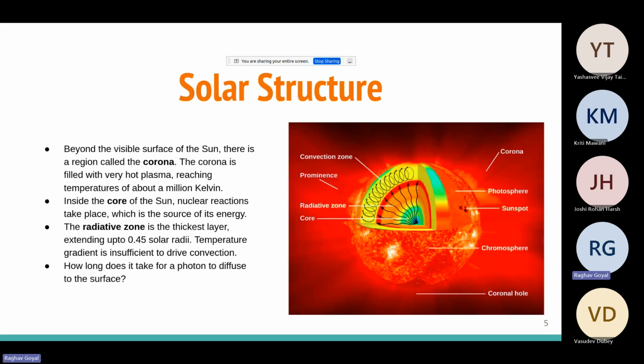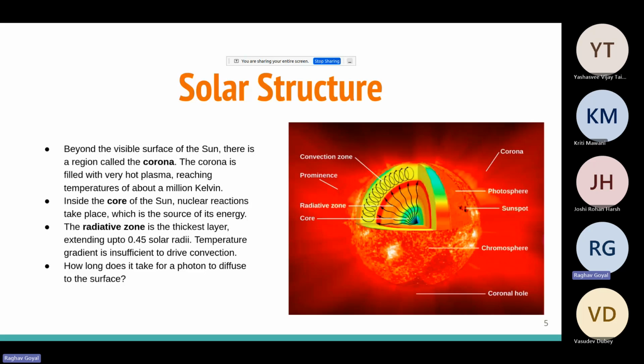Essentially, this is a very hot photon bath where the entirety of the energy transfer takes place through radiation, and it is the thickest layer, as can be seen in the slide. It extends to a humongous radius of 0.45 solar radii.